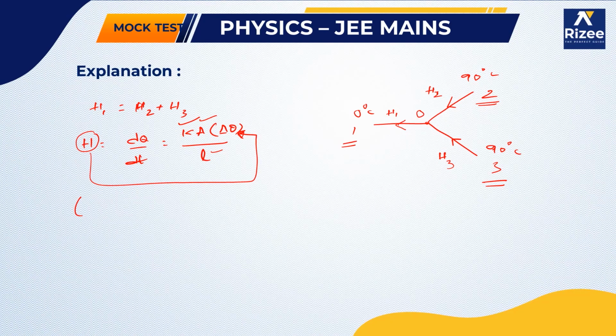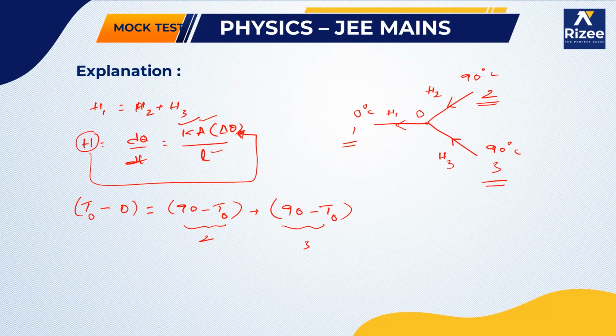So this is the temperature at O minus 0 degrees, equal to 90 minus the temperature at O for the second branch, plus, for the third one from O to 3, also 90 minus the temperature at O. This first term represents the first rod.